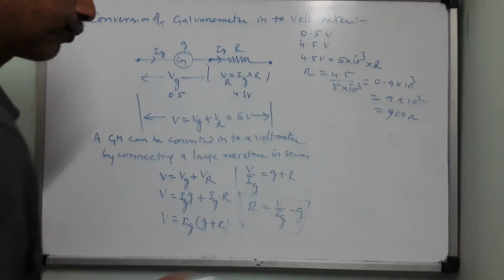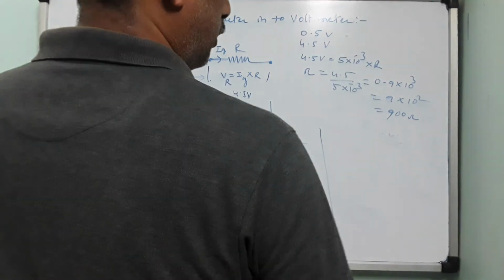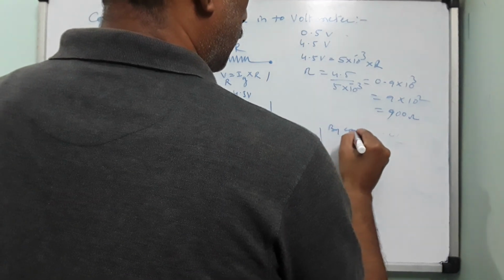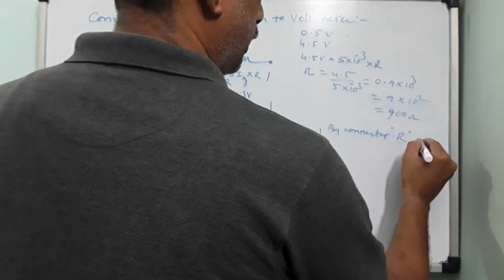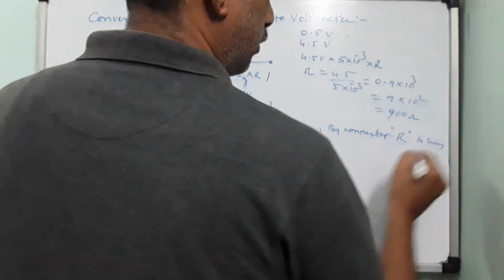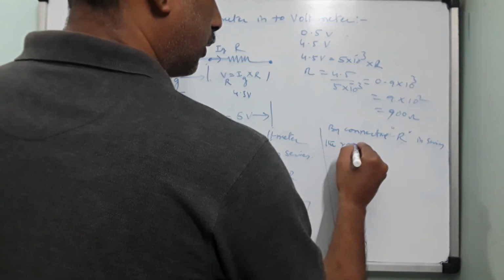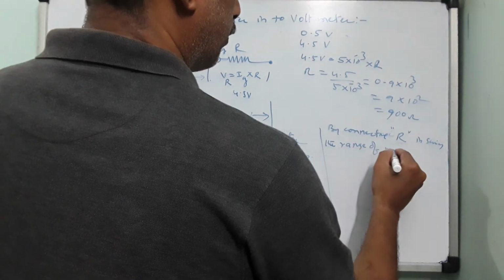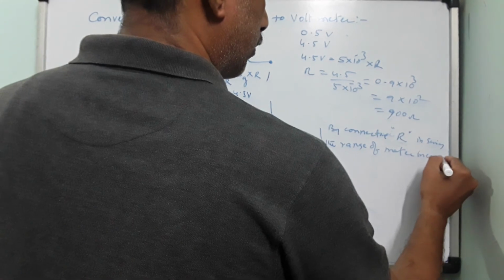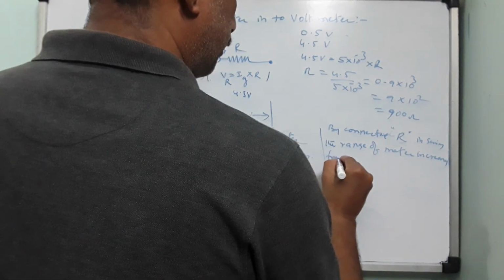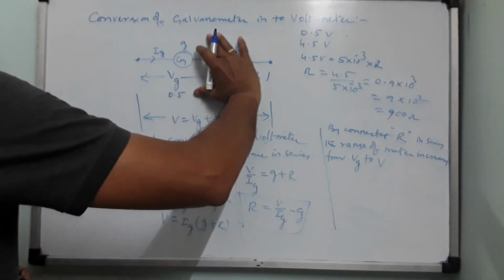So therefore, what is my conclusion is, by connecting R in series, the range of the meter increases from Vg to V, which was measuring only 0.5 volt earlier.